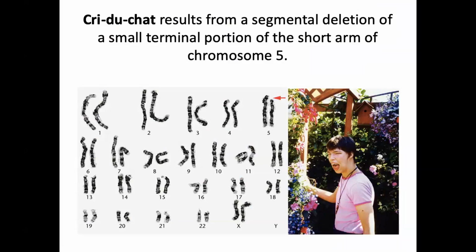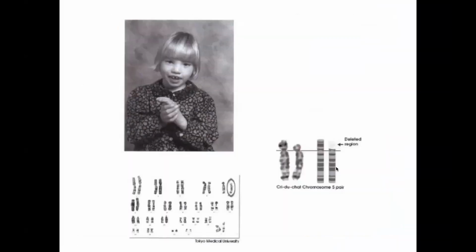So again, the eyes have an almond shape to them. The teeth form abnormally. Fingernails form abnormally, and again, severe mental retardation associated with this condition. Here's another example. Here's normal chromosome 5. Again, there's the short arm, the P arm.